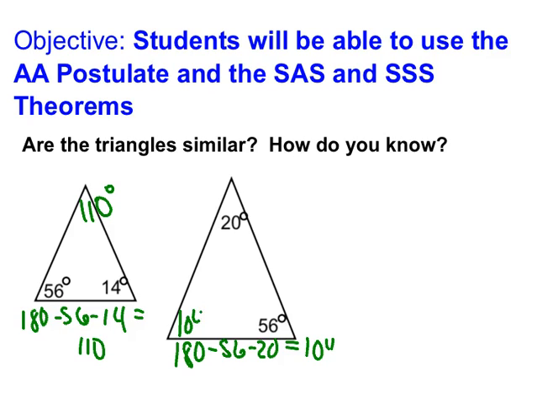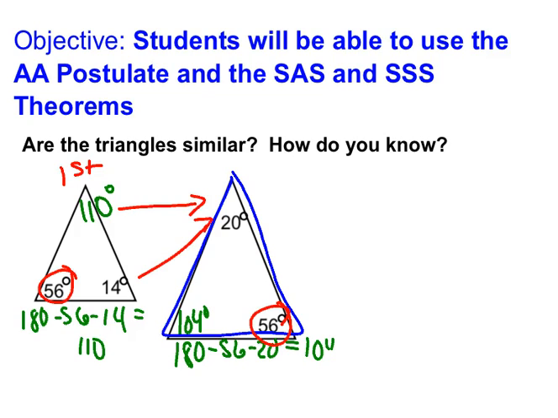Now, you probably didn't even need to calculate the third angle in this triangle right here, because you might notice right off the bat that these both have one congruent angle, 56 and 56. But once you got the 110 and the 14 degrees in the first triangle, you notice that neither of those is the same as 20, which means it's not possible for these triangles to be similar.